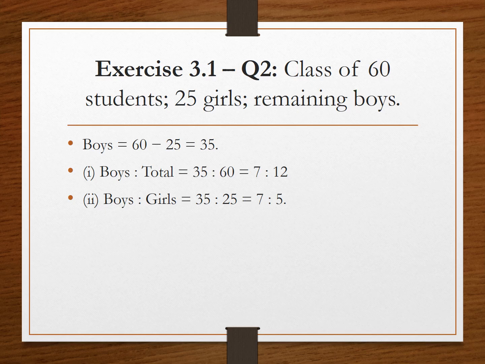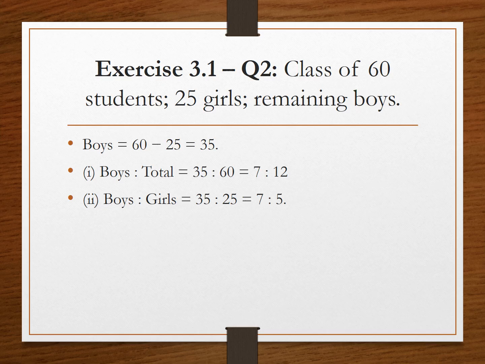Now we will discuss some questions of exercise 3.1 that are relevant to proportion and ratio. Question number 2. We are given a class of 60 students and there are 25 girls. Now we have to find the number of boys.